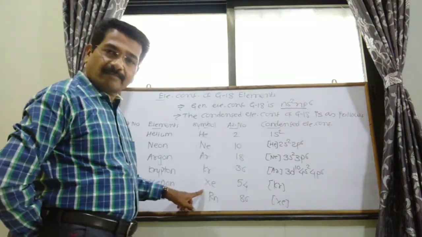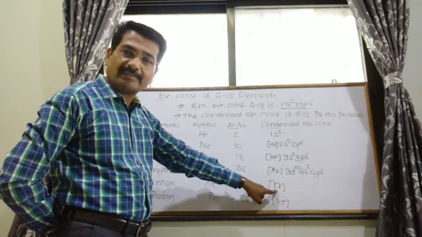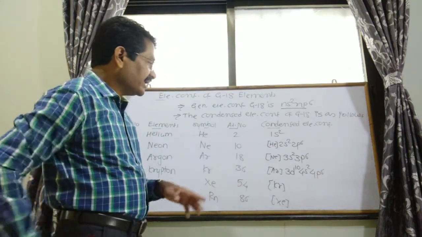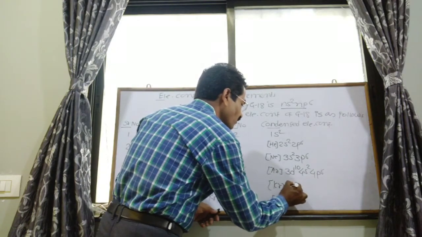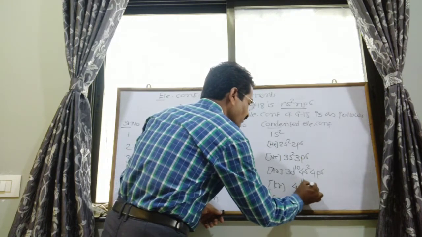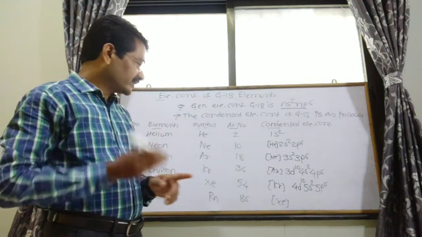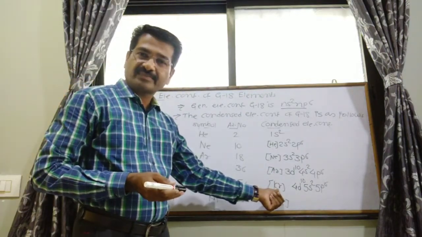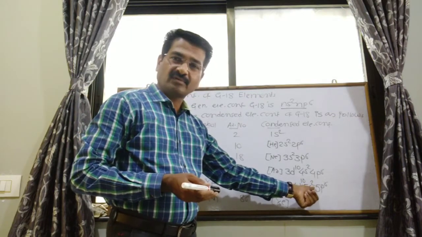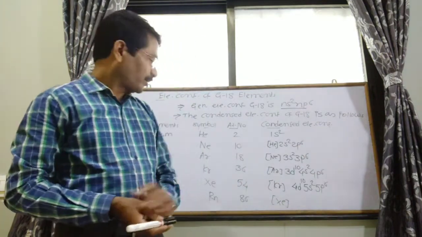After that, xenon having atomic number 54, but we take the nearest zero group element, krypton, having atomic number 36. After that, the remaining electrons go to 4d10 5s2 5p6. Calculate: 36 plus 10 is 46, plus 2 is 48, plus 6 is 54.